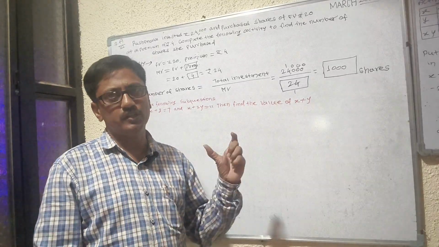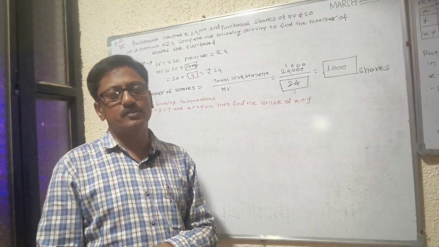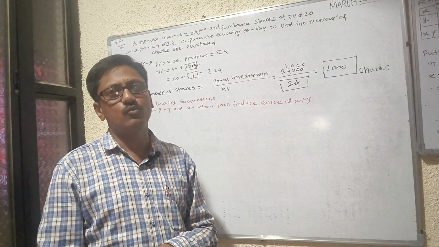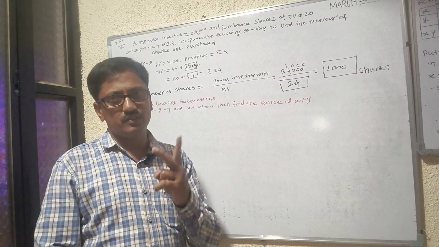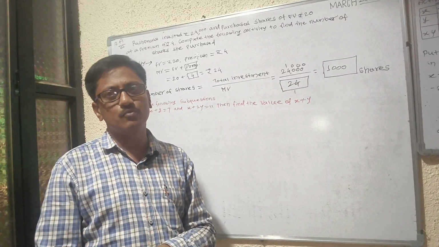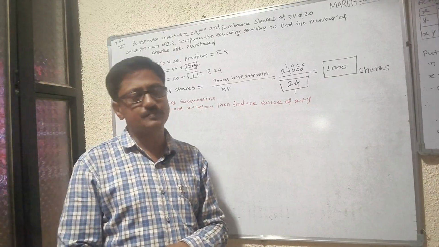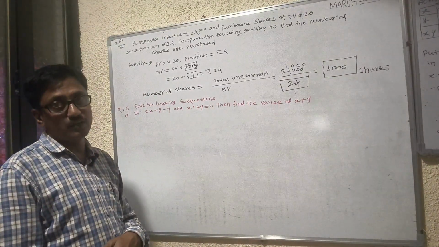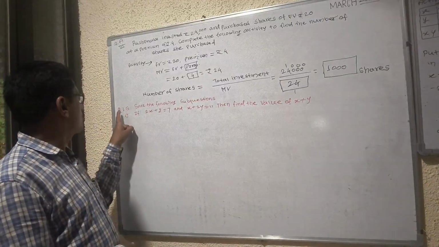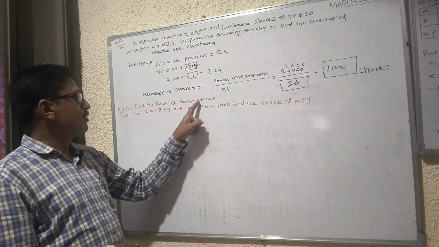First, the question tells you or asks you what is given and what to find. These two things are most important. Pay attention to the question. I read, you listen carefully. Question 1B: Solve the following sub-questions.